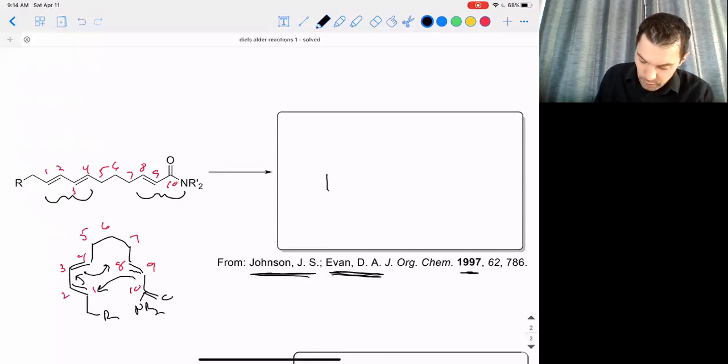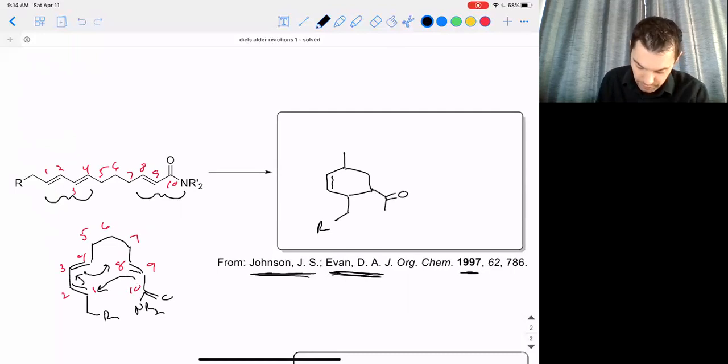And remember, we always get a cyclohexene out of the Diels Alder reaction regardless. And the carbon 1 here is going to have this R group dangling off of it. And then this one is going to have to go up to carbon 4. And then the one over here will have to have our carbonyl 10 and R2 coming off. So that should be the general motif.